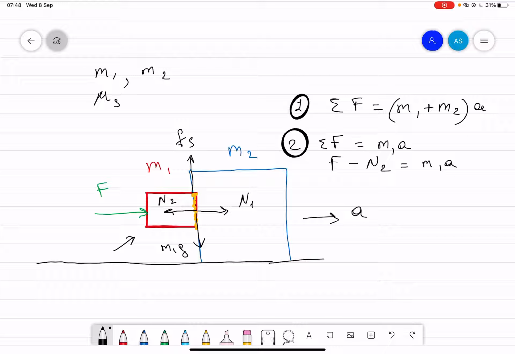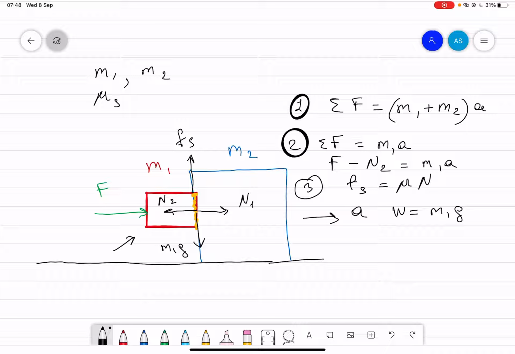Then what is next? The third equation, in our case, is that static friction is equal to mu times the normal force, since normal 1 and 2 are the same. The force against the static friction here is the weight, which is m1g.